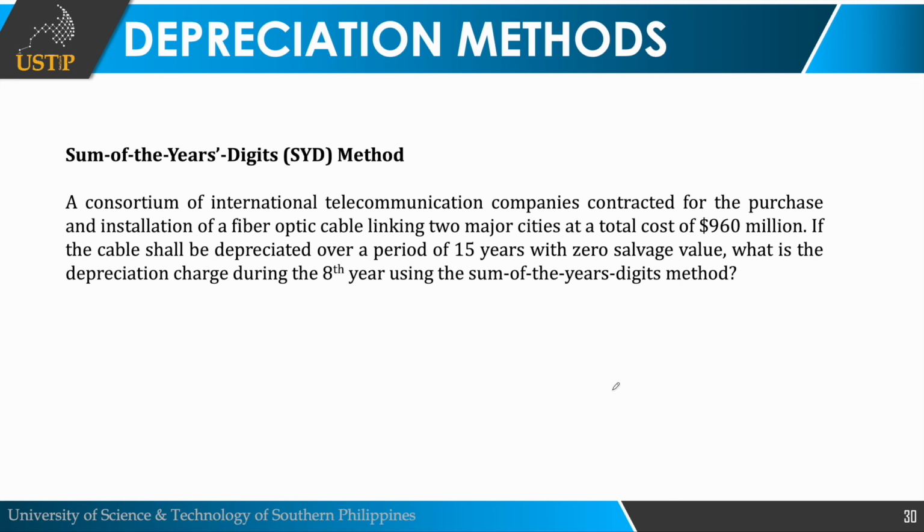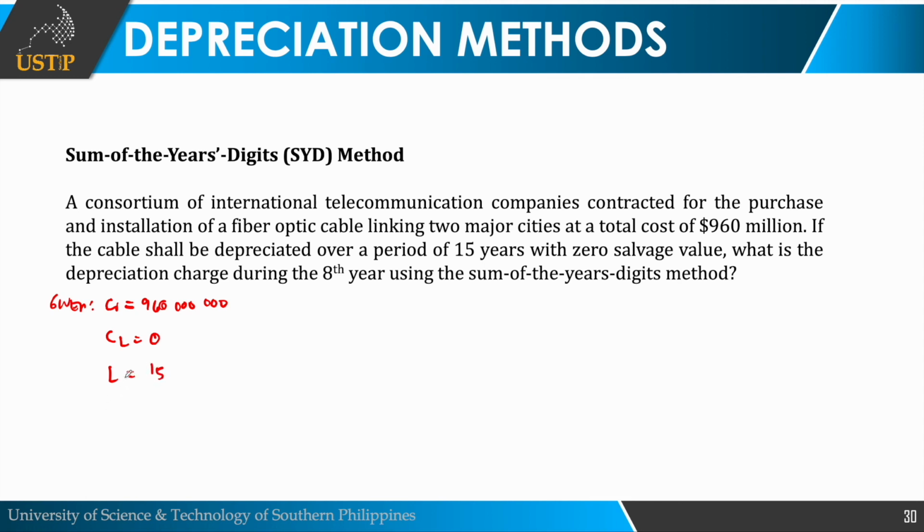Okay, let's list our givens. Original cost, that is 960 million. And then we have the salvage value, with zero salvage value, so zero. We have L, that is 15 years.